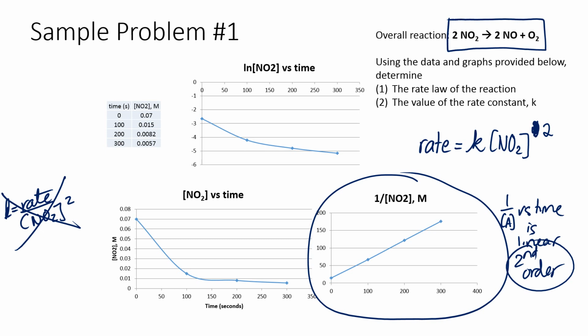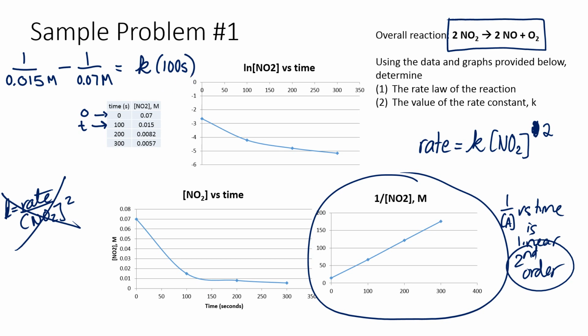So I could say 1 over A sub T, that is the concentration at some time T. Let's call this time T, and this is my time 0. So 1 over A sub T is 1 over 0.015 molar minus 1 over the concentration at time 0 equals K times T, which is the amount of time that has passed, which is 100 seconds.